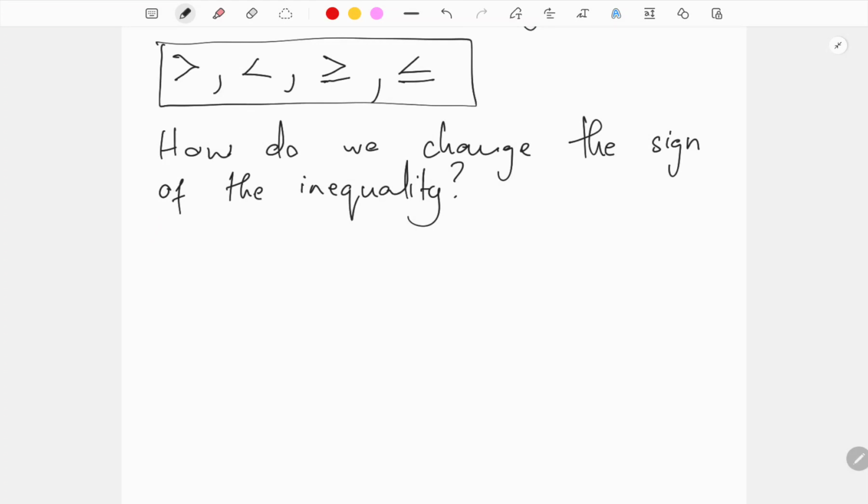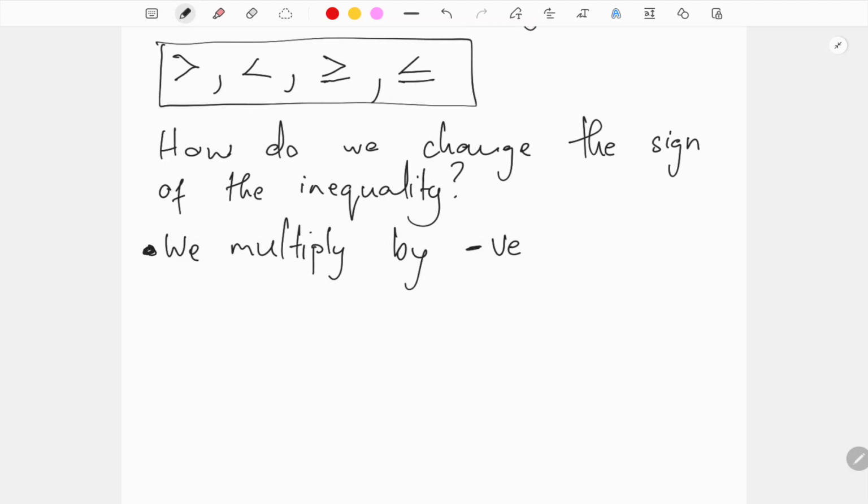So the inequality sign changes only if we multiply an inequality by a negative, let's say we multiply by -1. When you multiply the inequality by a negative sign, then the sign changes.